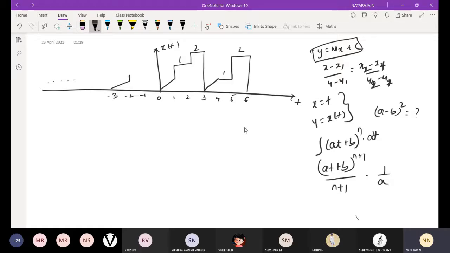Excuse me, sir. Yes? Are those two different diagrams, sir, or the same diagram? Sorry? The first and second wave we have drawn, no, sir. Which one? The first two waves, 0 to 3 and 3 to 6. Was 3 to 6 different? No, the same only.